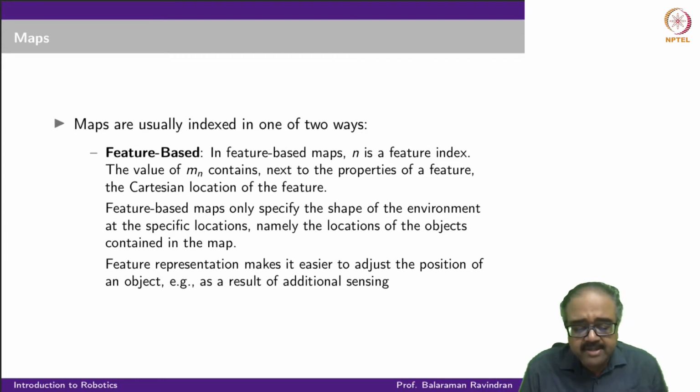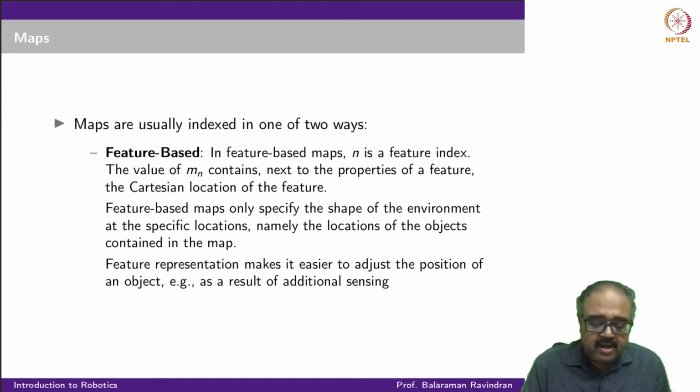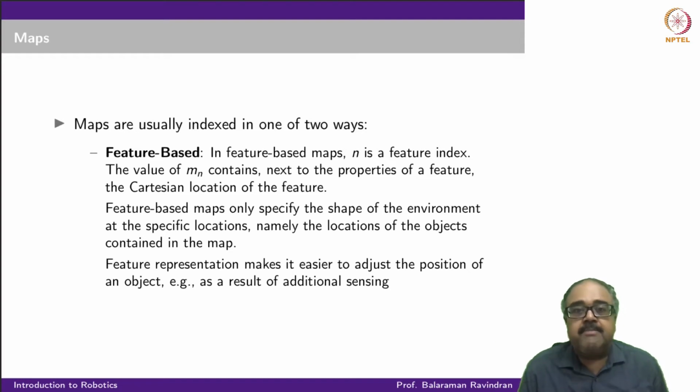Sometimes it's actually useful to have these feature-based maps when I'm trying to do localization in the world. If I'm next to a particular building when I'm trying to do navigation, it's easier for me to know where I am: oh, I am next to that building.